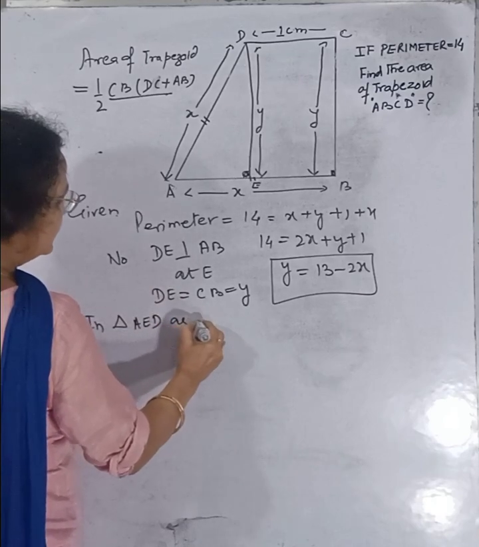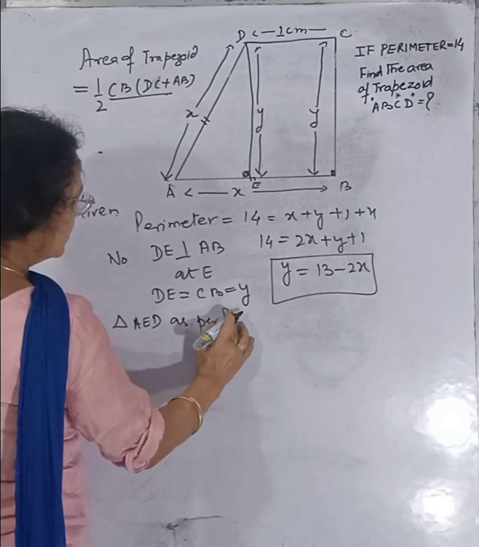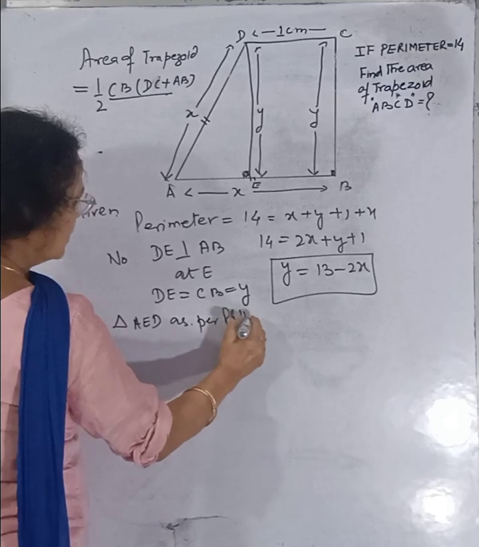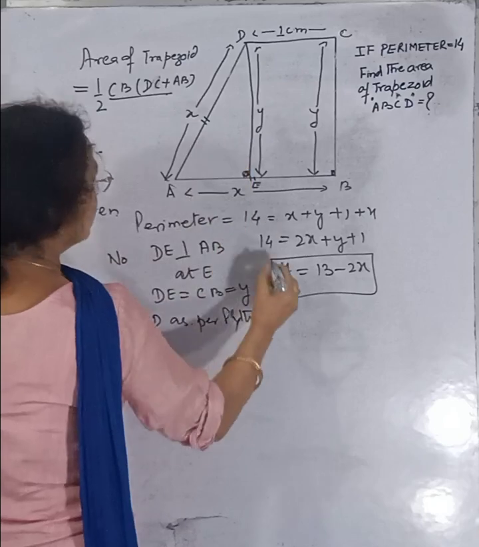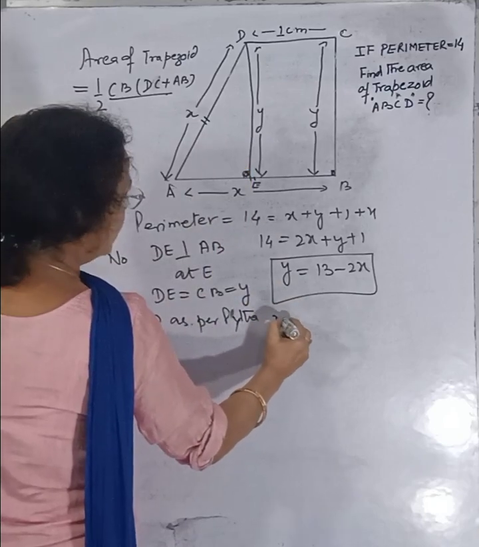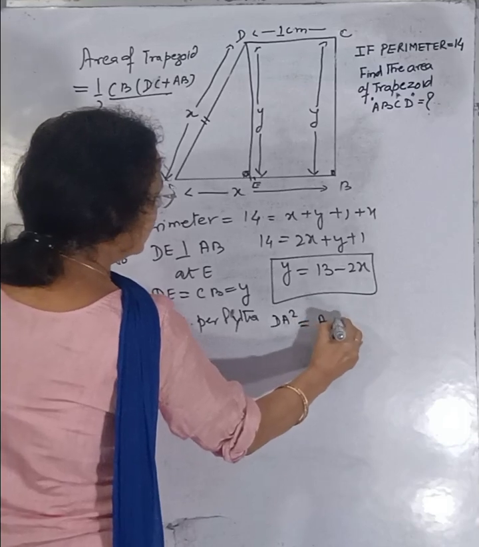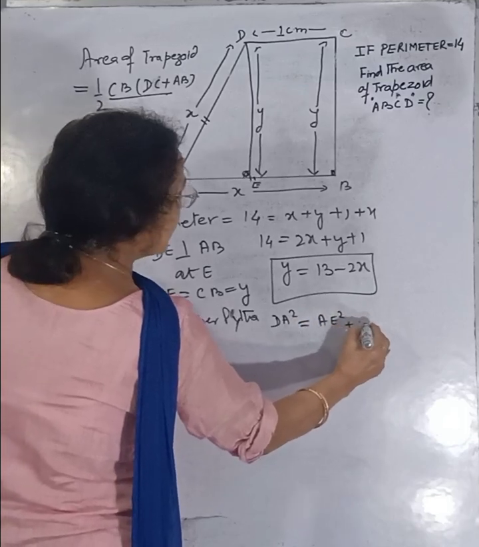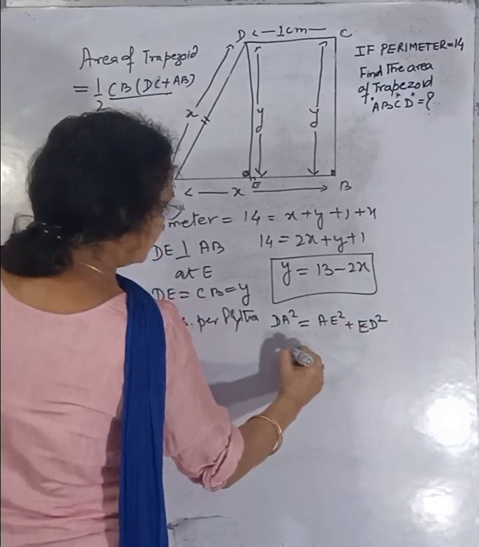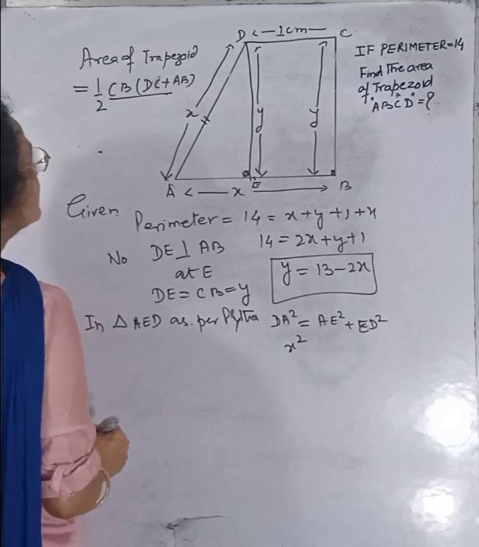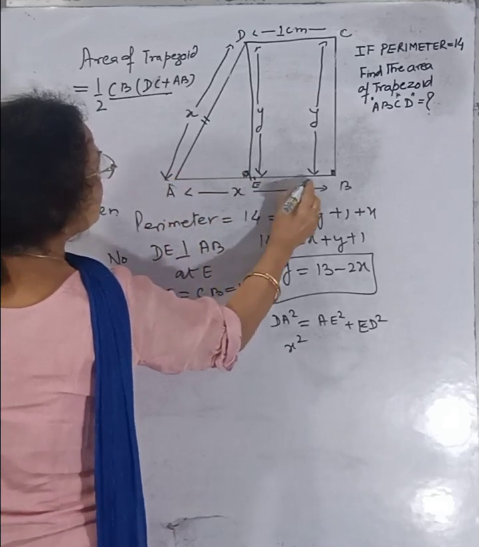As per the Pythagoras theorem, we can write that DA square is equal to AE square plus ED square. That is, DA square is equal to x square, and AE is equal to what?